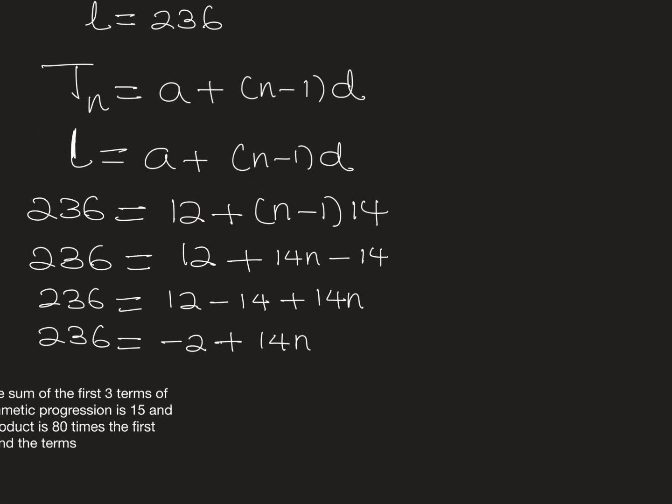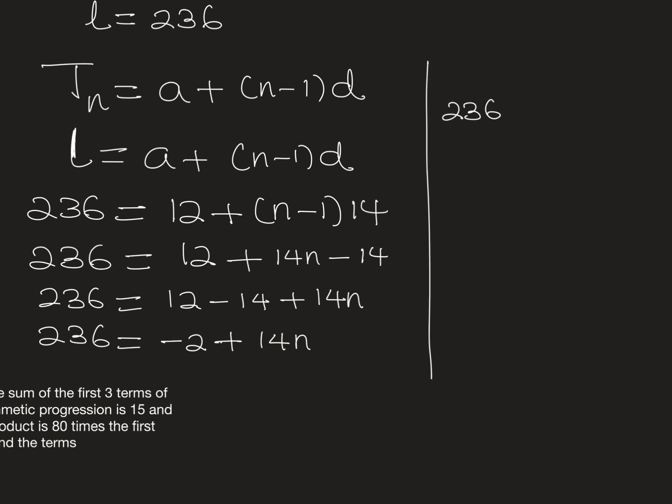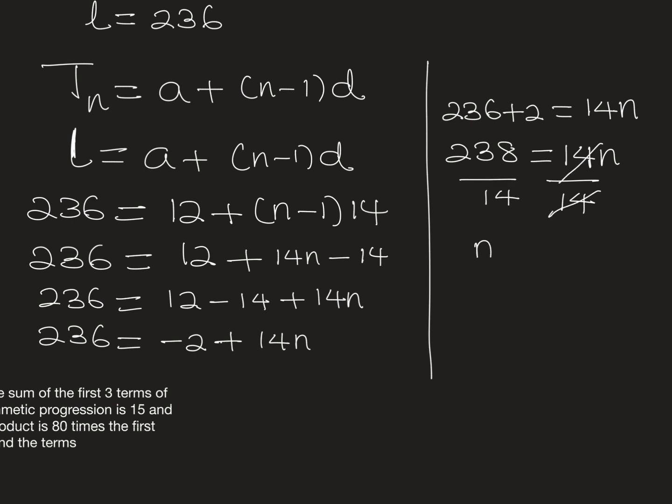If we continue here, we'll have 236 plus 2 is equal to 14n, and 236 plus 2 is 238, is equal to 14n. To find n, we divide both sides by 14. So therefore, n is equal to 238 divided by 14, which is 17. So there are 17 terms of this sequence.